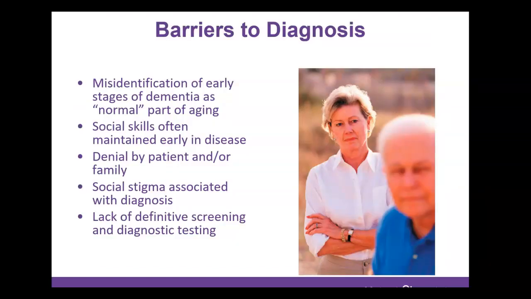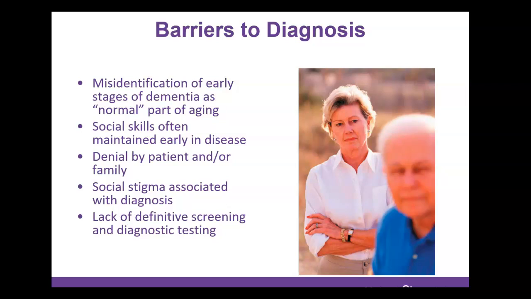There are many barriers to diagnosing Alzheimer's as well as some other dementias, and it's misidentification of the early stages of dementia. And most times that misidentification is that the person is experiencing normal parts of aging. Social skills are often maintained for a while early on in the disease. And so that's another reason why it doesn't raise to the radar of being identified.